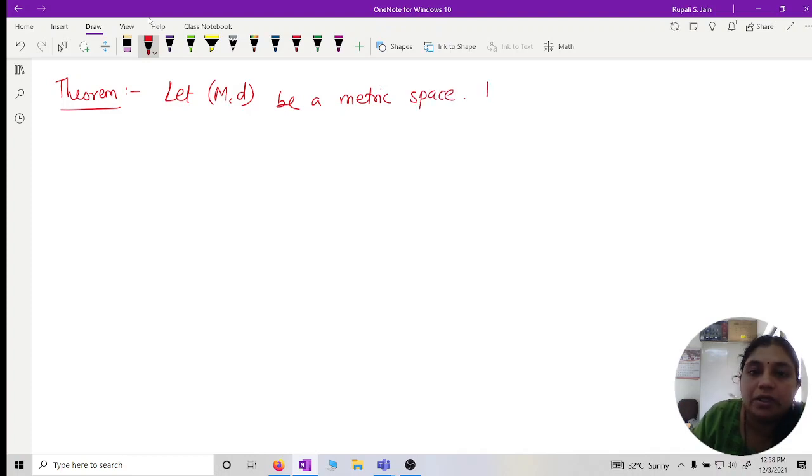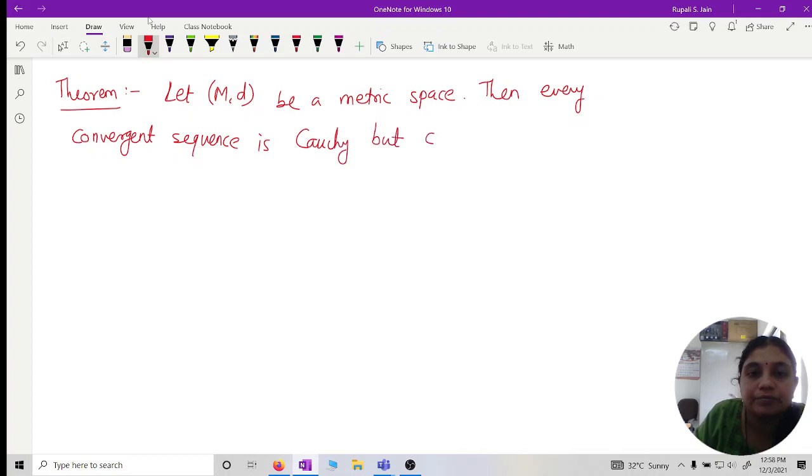Then every convergent sequence is Cauchy, but the converse need not be true.